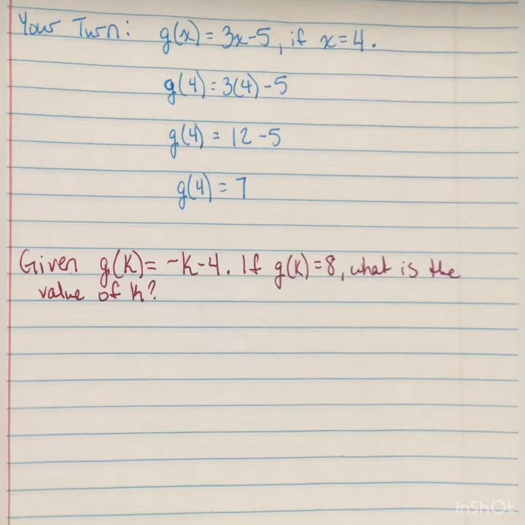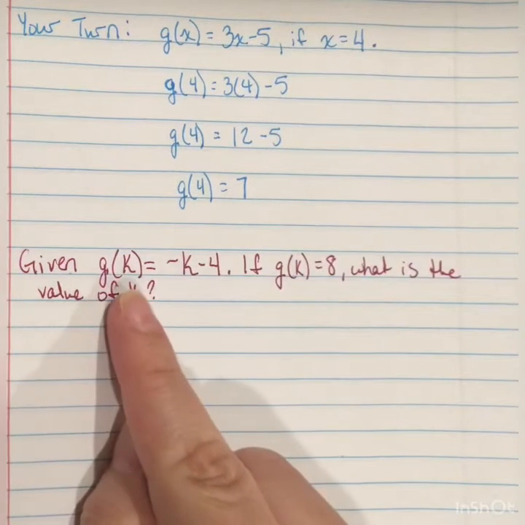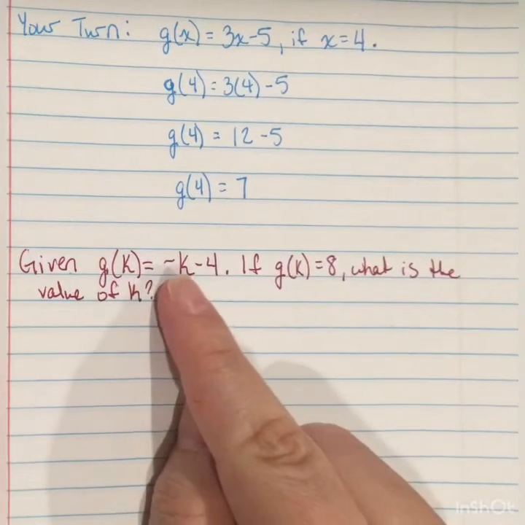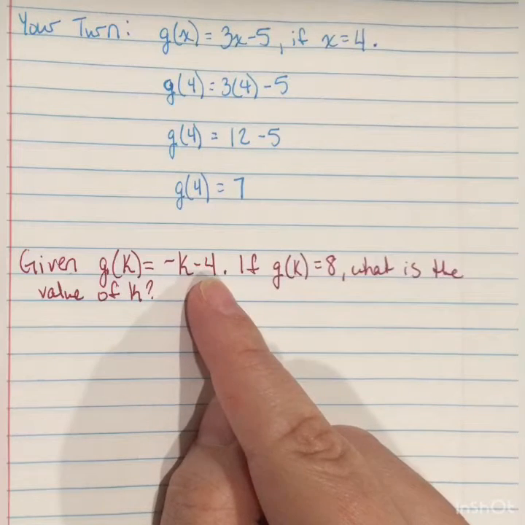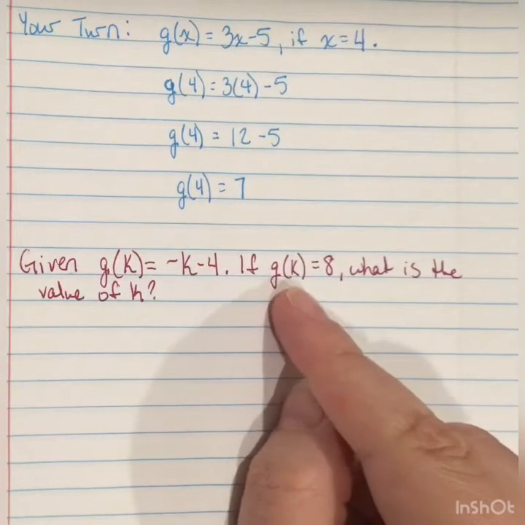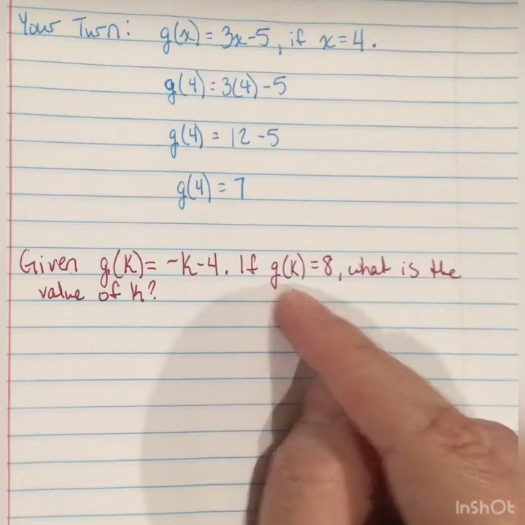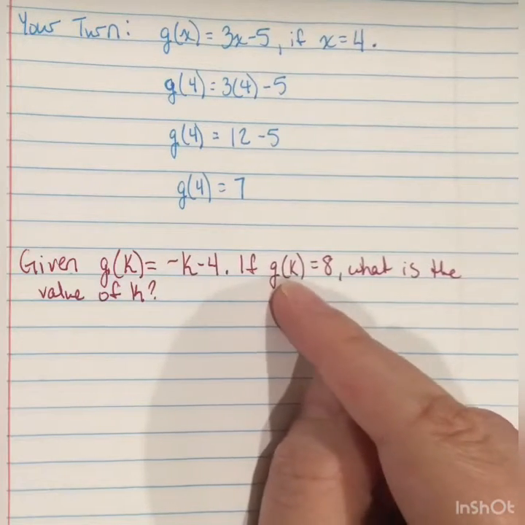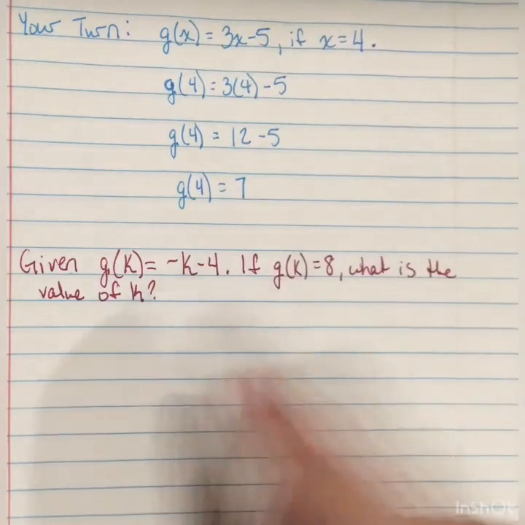In this next problem, you'll notice that they kind of switch it around on you. This time, you're given g of k equals negative k minus 4, and g of k equals 8. So now they're giving you g of k, which is the output, is 8. What is the value of k?